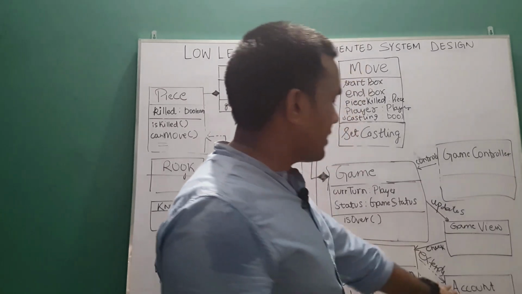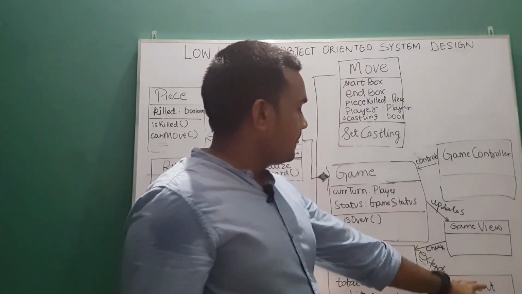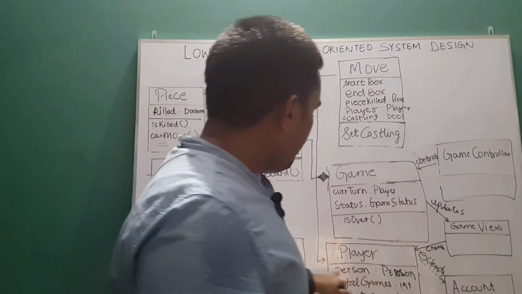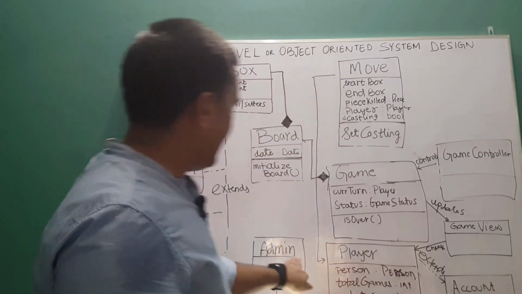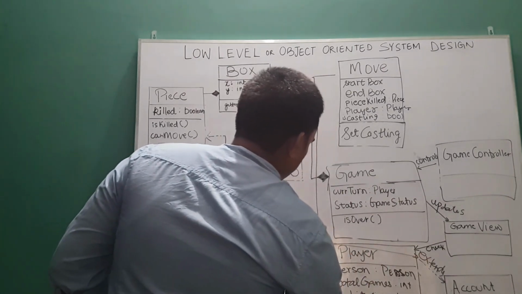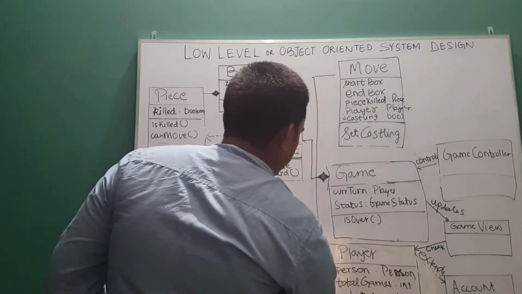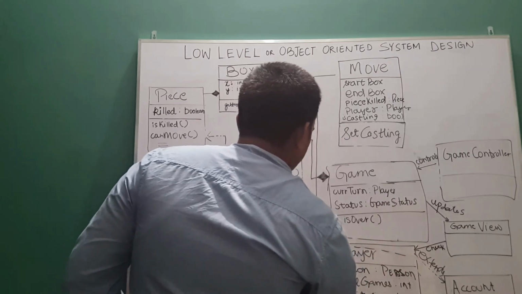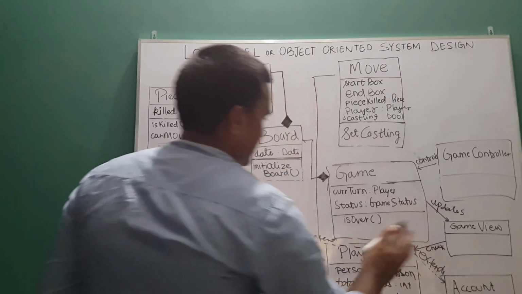There is a class called account here, and account will have ID and password, and both player and admin will extend it. So I will just draw an arrow, sorry, this will be a dotted arrow basically, so it will also extend this account.